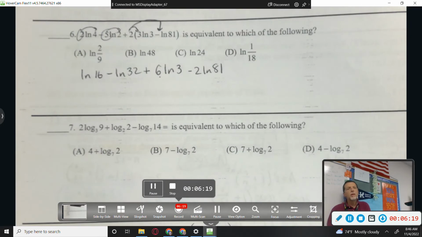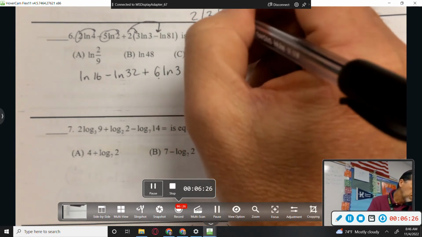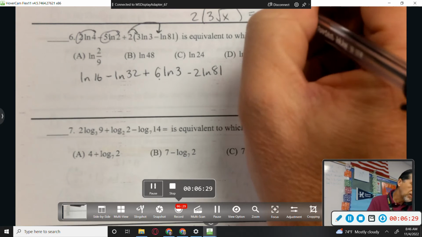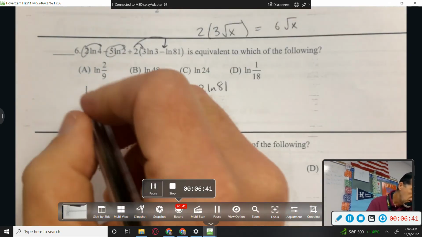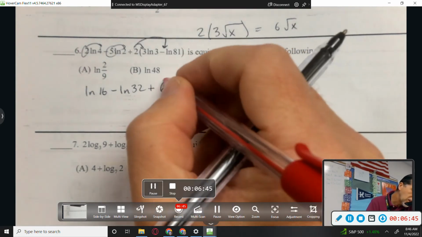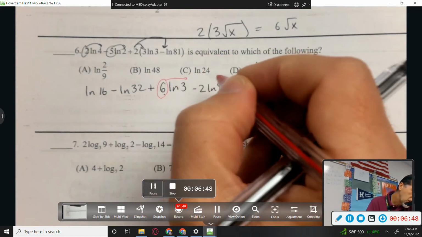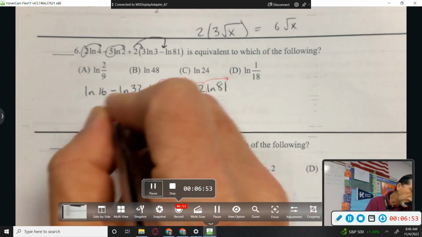Why doesn't the 2 also apply to the 81? Oh, because, yeah. Same reason if you had 2 times 3 square root of x, that would be 6 square root of x, not 6 square root of 2x. Right? It distributes to the coefficient, not to the inside of the argument. Anything positive is in the top.